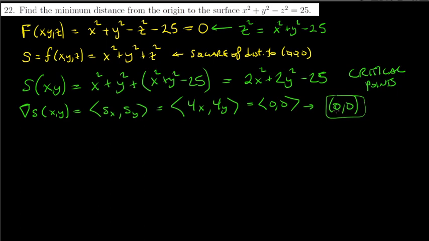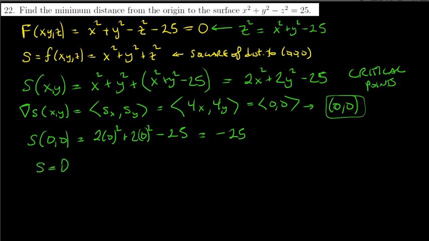Okay, well, if that's the critical point, and that's the only critical point we have, what is the minimum distance then? Well, let's see. It's just going to be s of 0, 0. And that's going to be 2 times 0 squared plus 2 times 0 squared minus 25. So we just get negative 25. Now that's not the distance. Remember, that's the square of the distance.